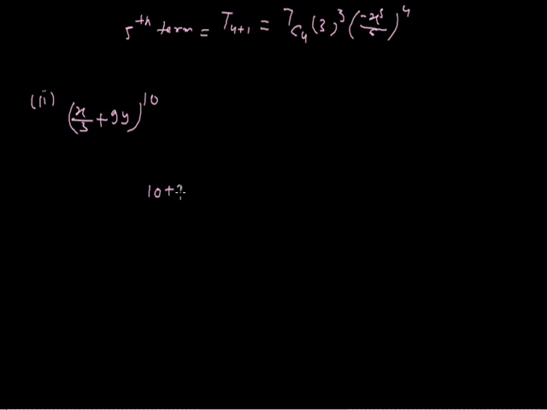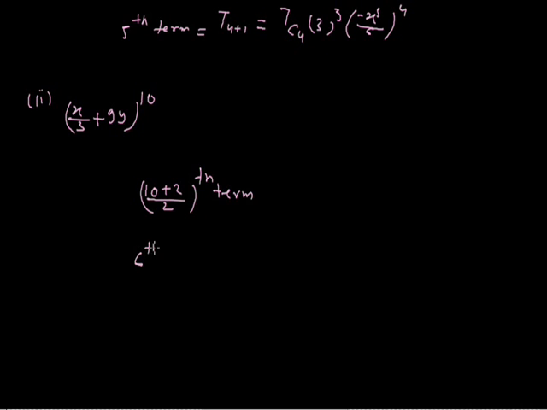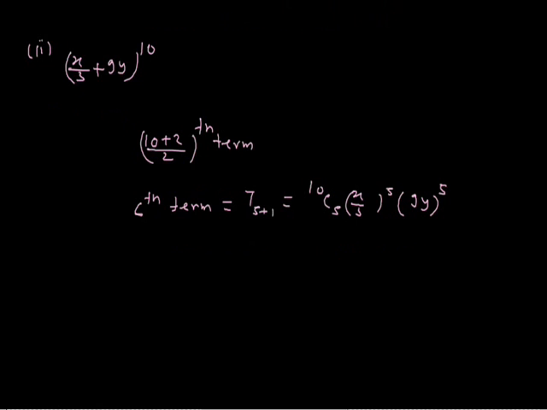So the middle term will be the 10 plus 2 by 2 term, which is the sixth term, which is equal to t5 plus 1, which is equal to 10c5 x by 3 to the power 5 9y to the power 5. So it is the middle term in the expansion of x by 3 plus 9y to the power 10. There is only one middle term.